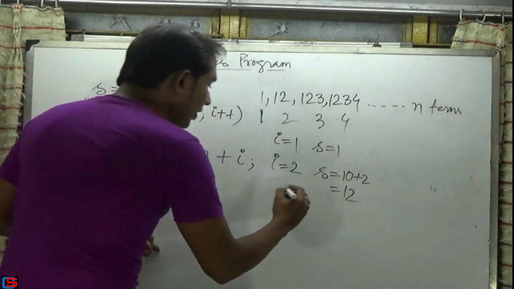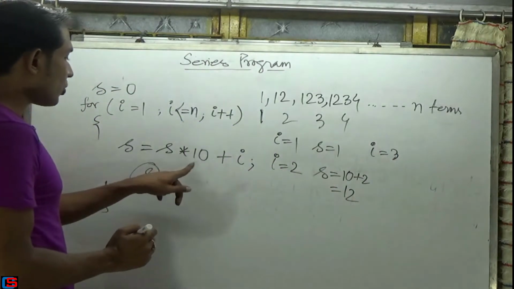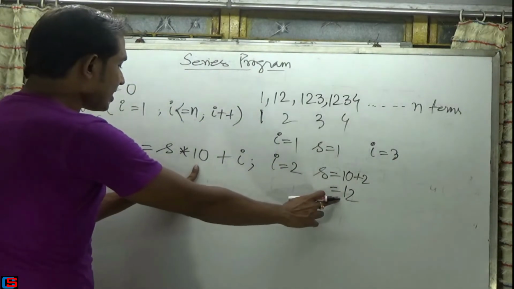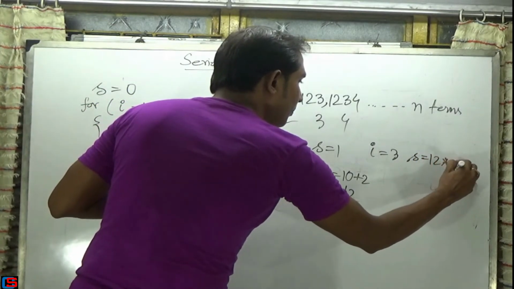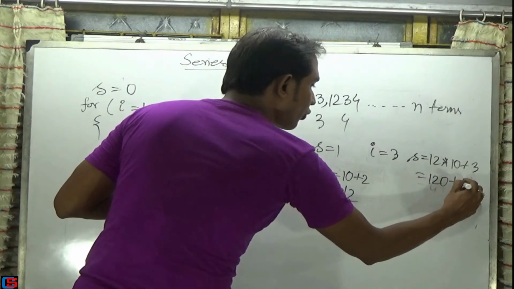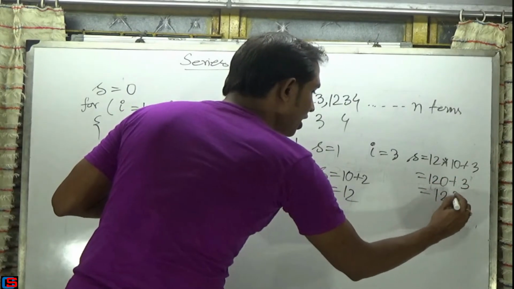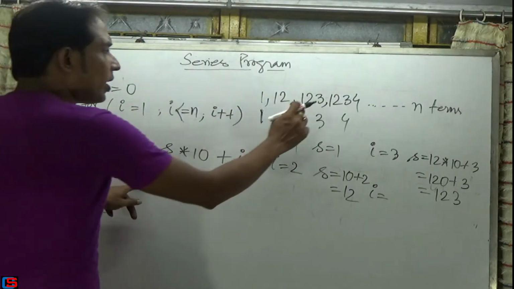Now i is increased and becomes 3. Now s equals s into 10. The last value of s is 12, so s equals 12 into 10 plus i, which is 3, so 120 plus 3 is 123. After printing this s, 123 is printed.